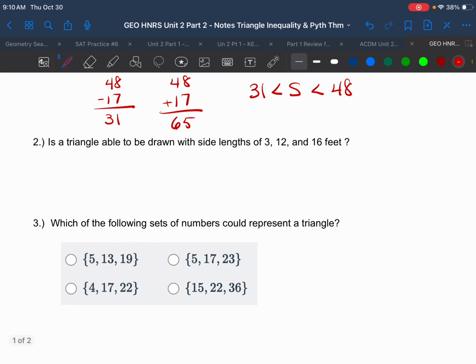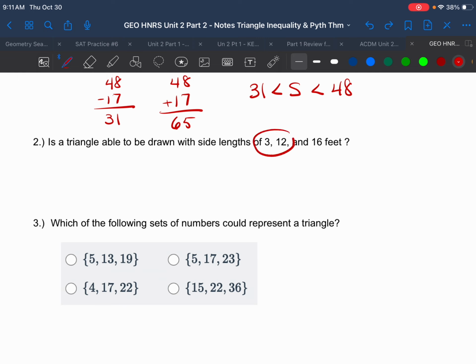The second one says, is a triangle able to be drawn with side lengths of 3, 12, and 16? I'm going to start here and say, well, I know that 12 plus 16 is greater than that third side. So far, so good. Then 16 plus 3 is 19, also greater than that third side.